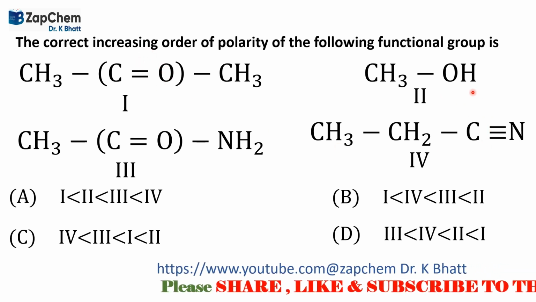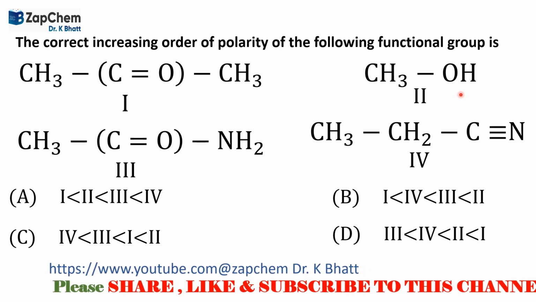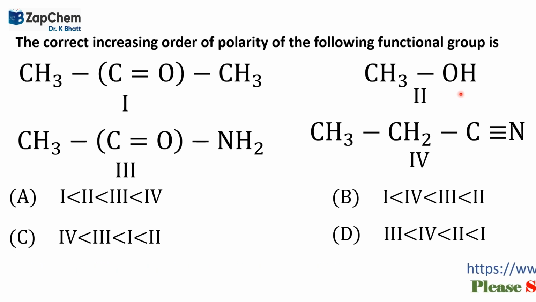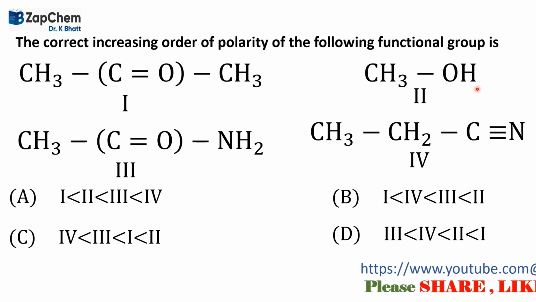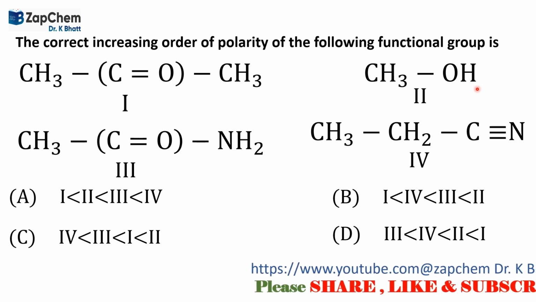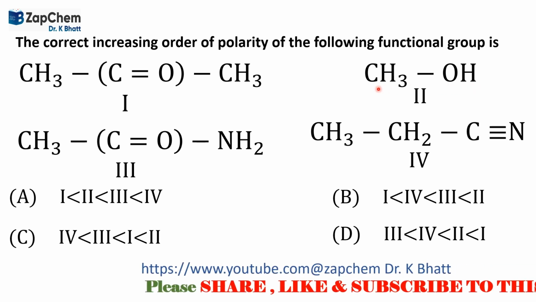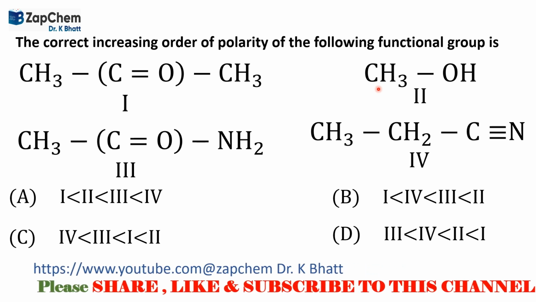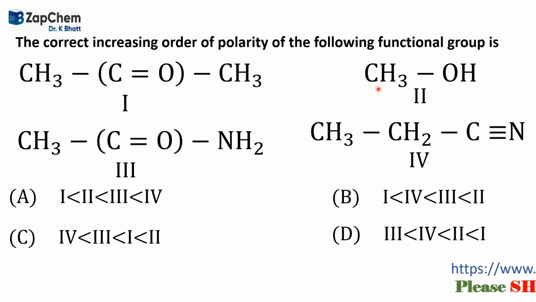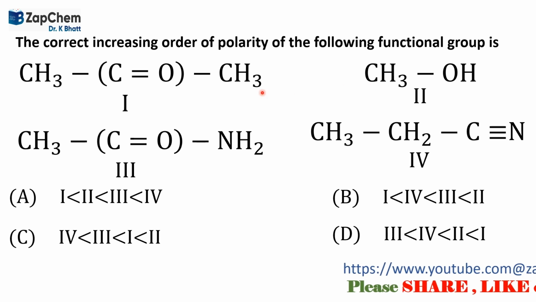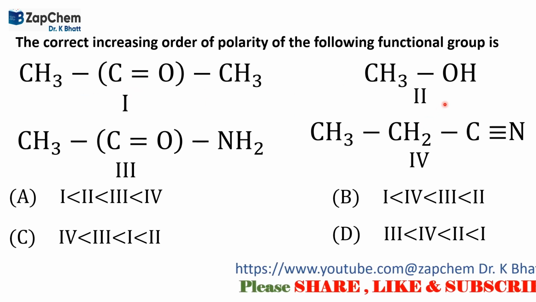Similarly in OH, again an electronegativity difference is there between oxygen and hydrogen. Now we need to understand how the electronegativity difference differs between the carbonyl group and the hydroxyl group.